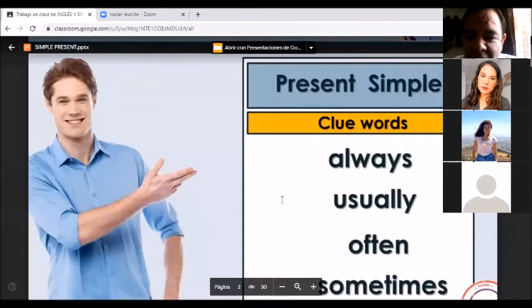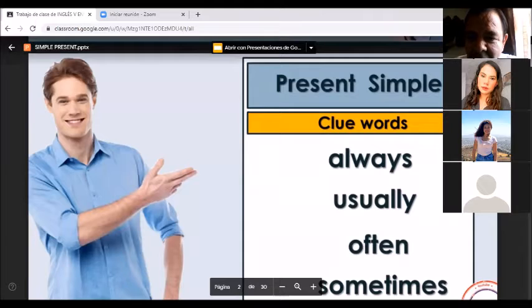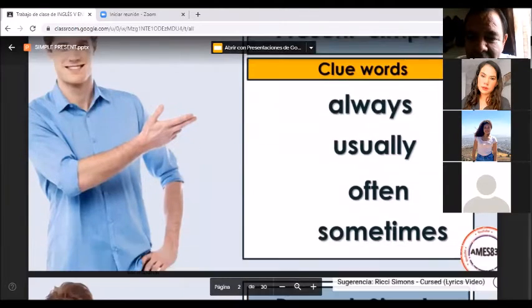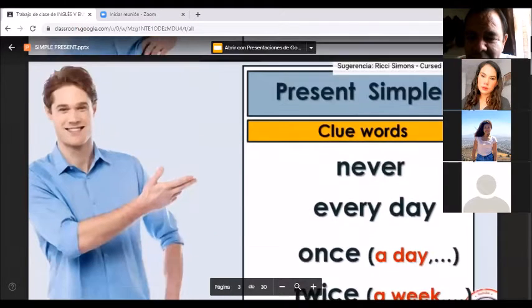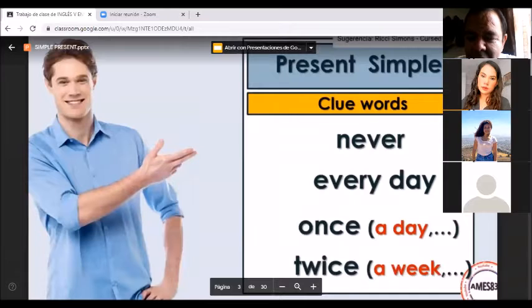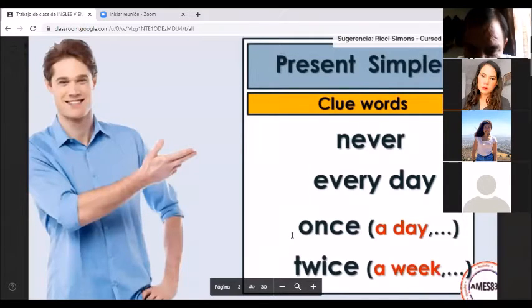Remember that these words are called frequency adverbs, and they appear commonly in the simple present tense. We have other ones that are never, every day, once a day, and twice a day. These last two are frequency phrases, and they appear at the end of the sentence.